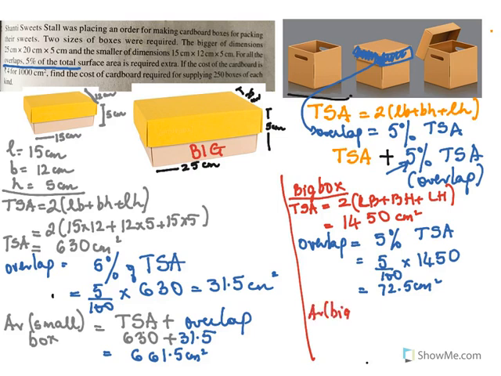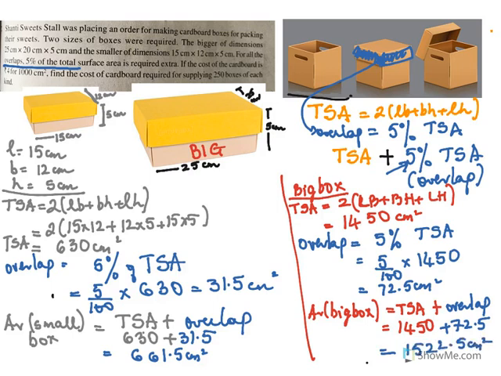So the total area required for the big box will be equal to the TSA plus the overlap. We know the TSA is 1450 plus the overlap is 72.5, and that works out as 1522.5 centimeters square.